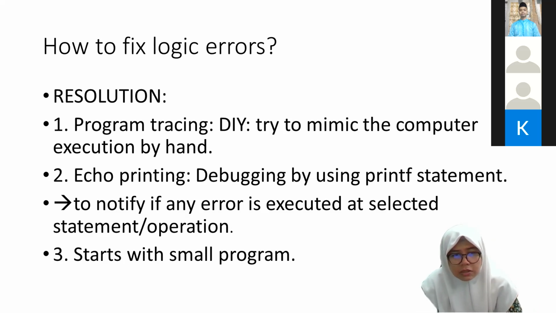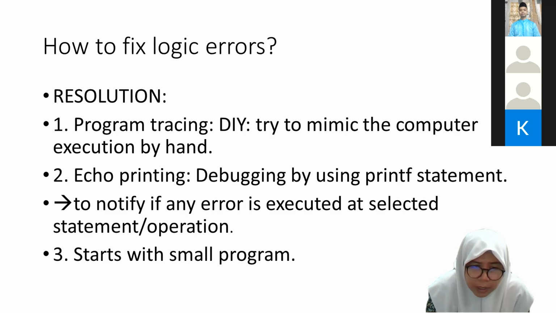So this is why when you want to write a program, you need to write a small program first. For example, if you want to find the sum of your marks, the total sum of your final marks, you start from test number 1 and test number 2 first.